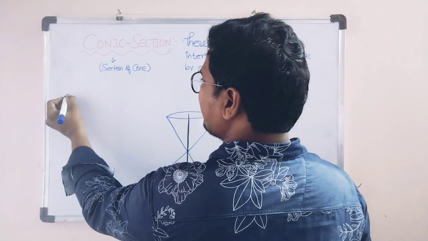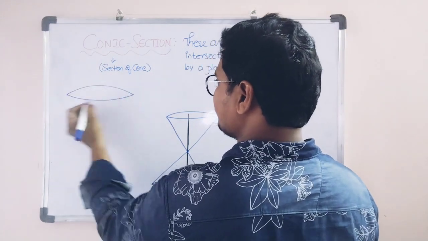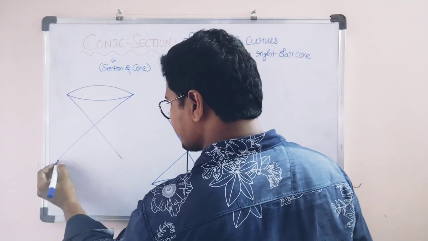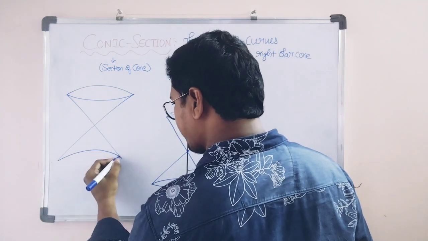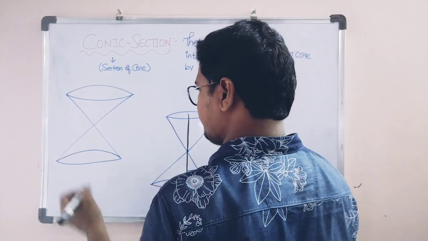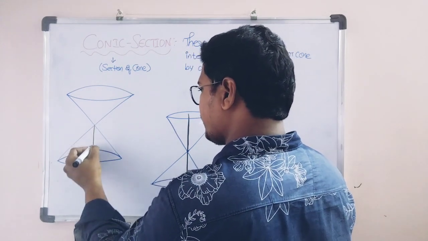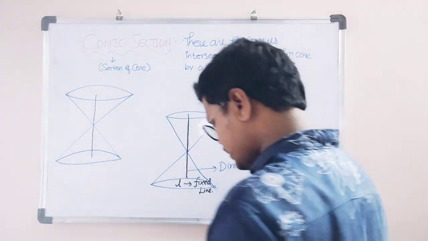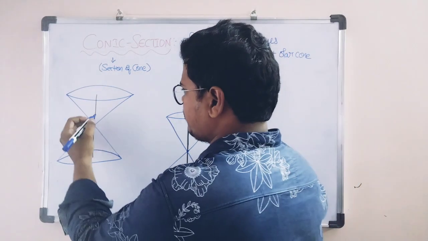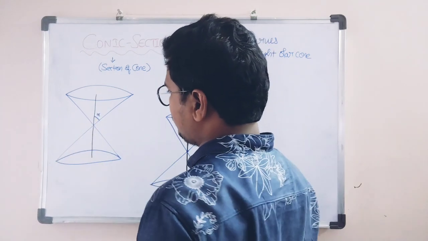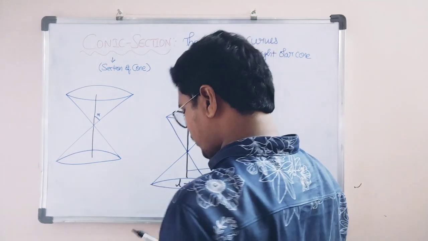Again the same double napped cone we have been choosing. See, for each and every diagram we have to draw it. We are drawing one perpendicular which makes an angle alpha.